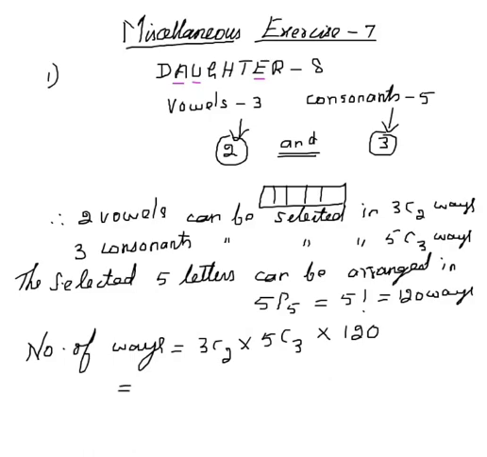Let us simplify this answer. 3C2 is 3. 5C3, if I cancel 3 factorial, it becomes 4 times 5 divided by 2 factorial, which is 2 times 120. Sixty times 60. The answer is 3600.